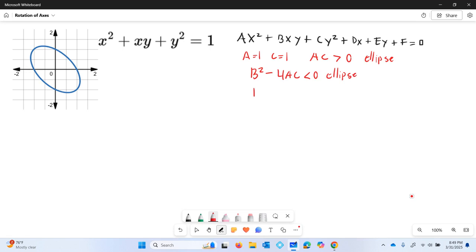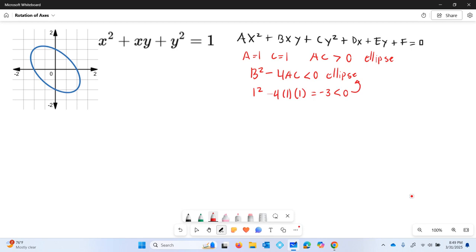So notice that 1 squared minus 4 times 1 times 1 is equal to negative 3, which is less than 0. This indicates, sure enough, that we do have an ellipse. So there are two ways that we can look at this and determine that this is an ellipse.